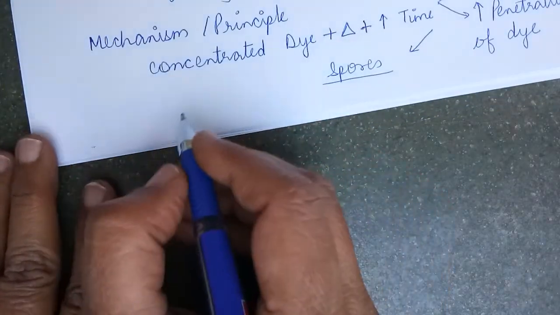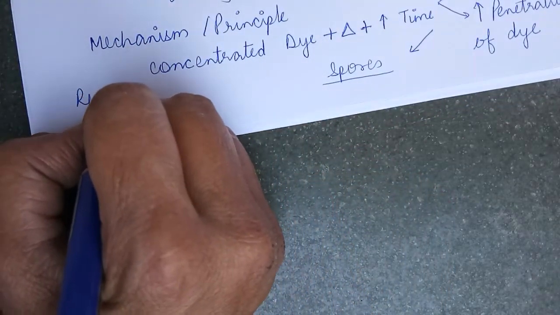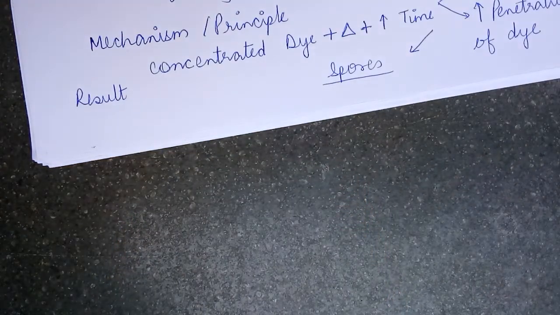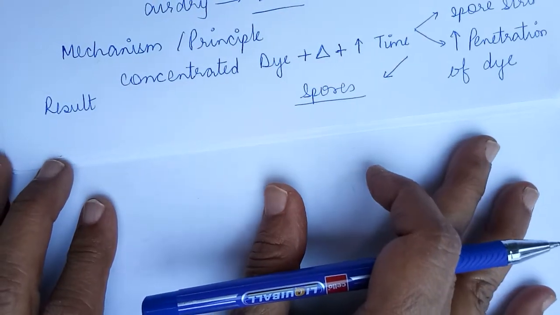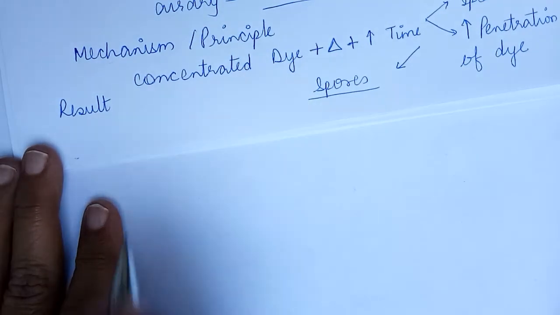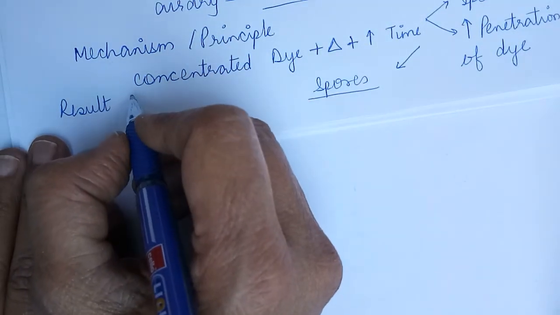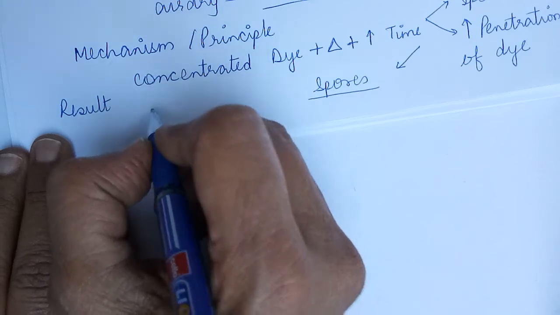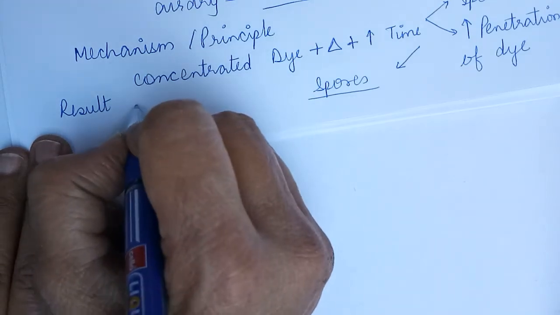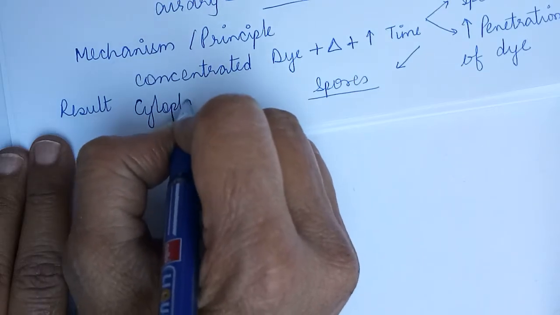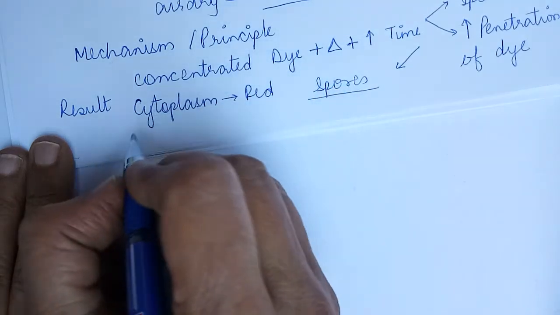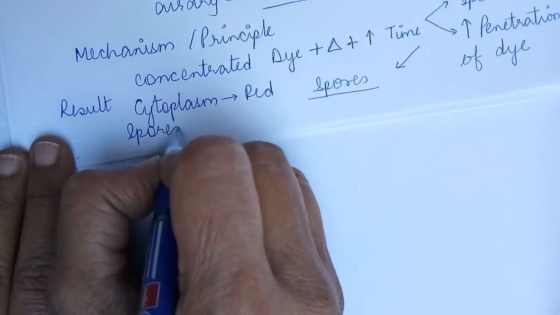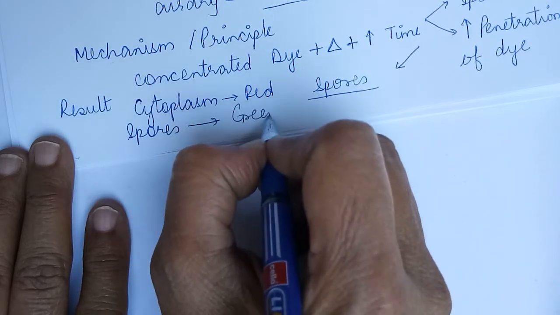Now what result are we going to get at the end of the practical? We are going to see the vegetative part of the cell red in color, that is, the cytoplasm will be red, and the spores will be stained green in color.